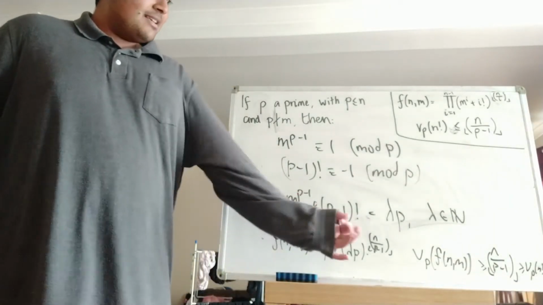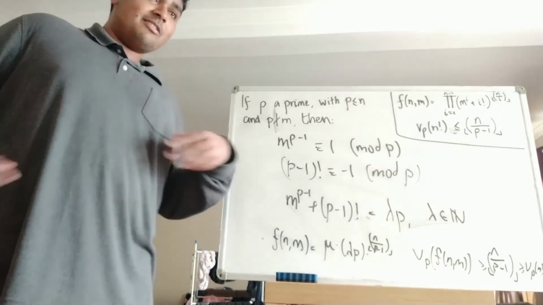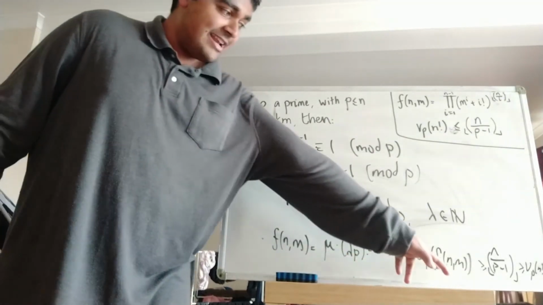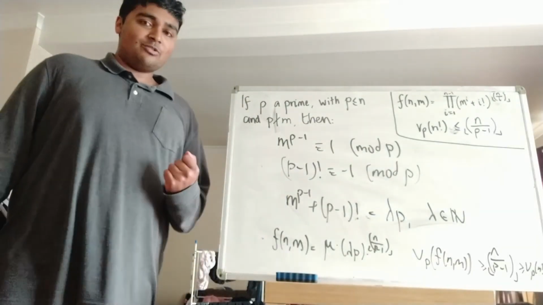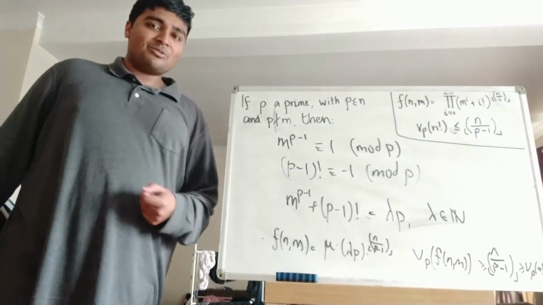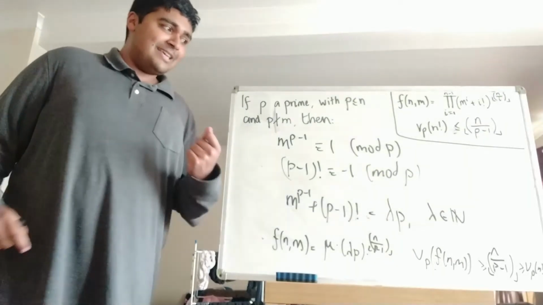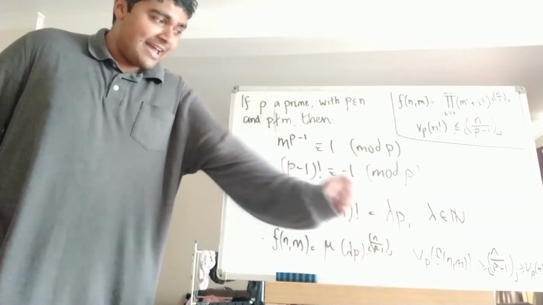So the power of our prime p in f_n(m) is going to be at least that in n factorial. Then that means that n factorial, at least this particular prime p part of it, must divide f_n(m).